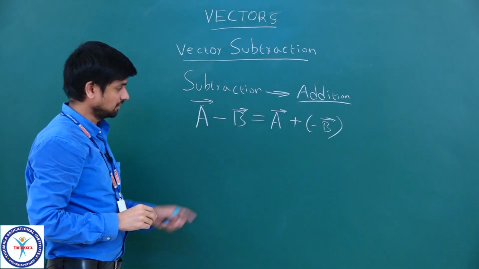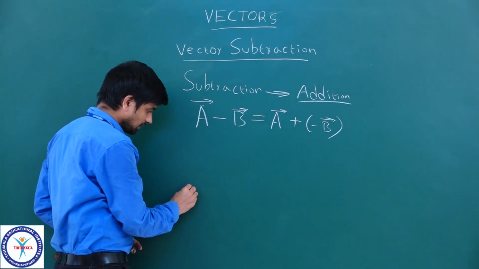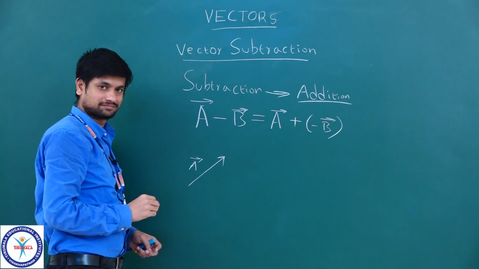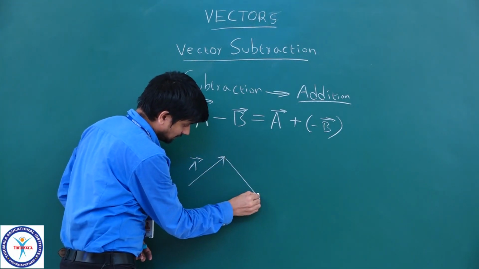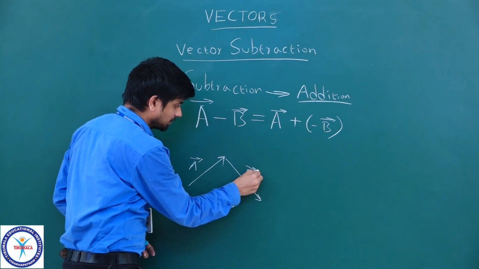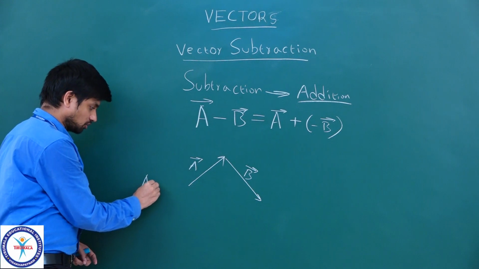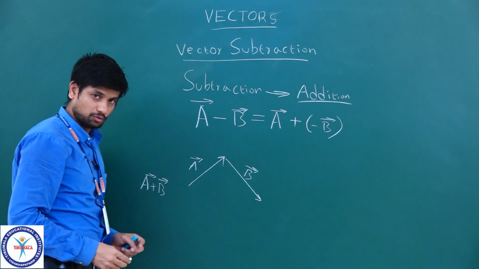Did you understand, children? Geometrically, if you want to represent this, if this is a vector A and this is a vector B, and you want the addition of these two vectors, A bar plus B bar, what should you do?